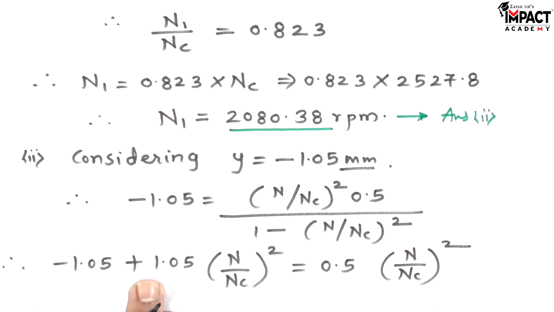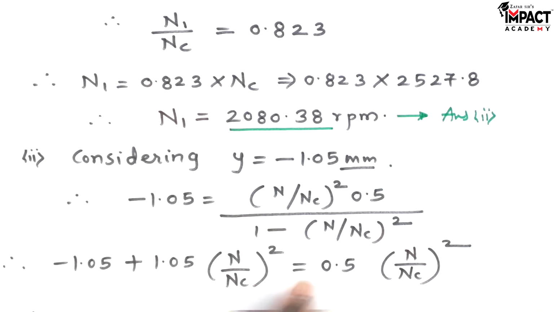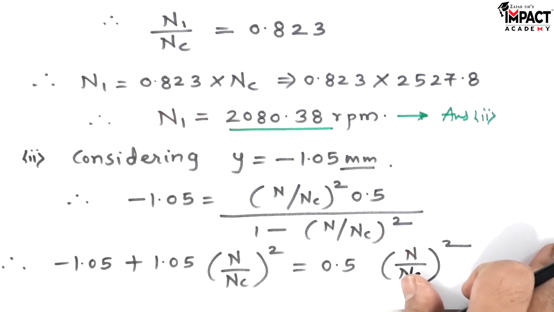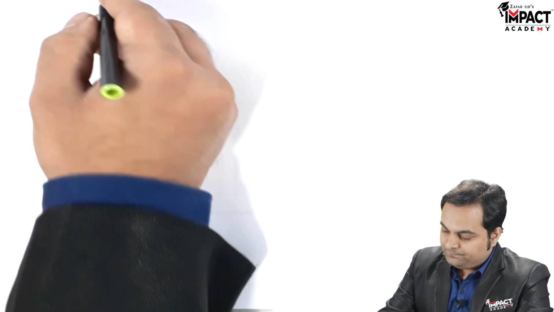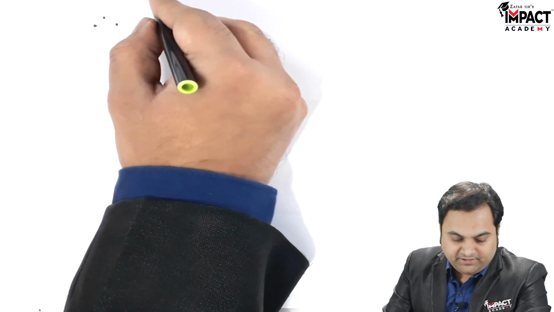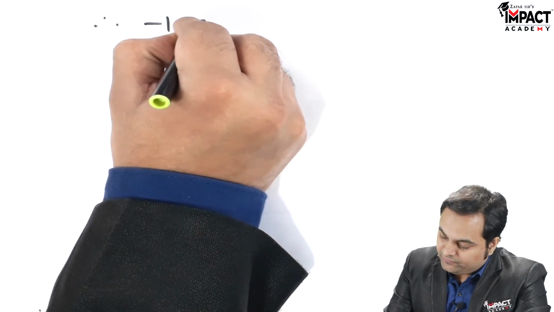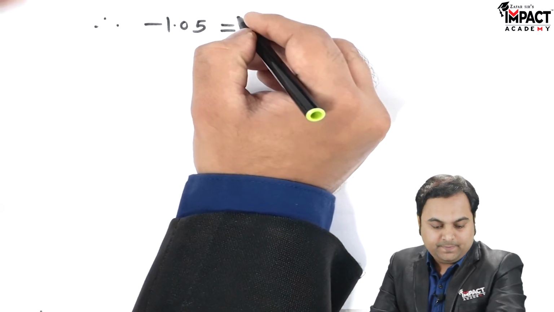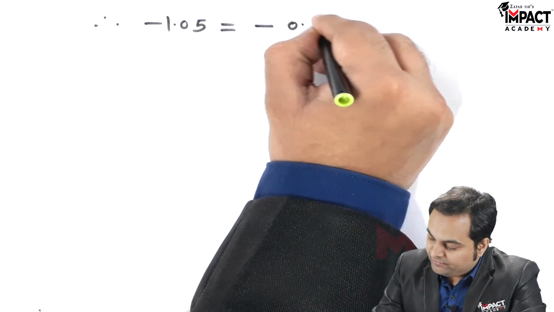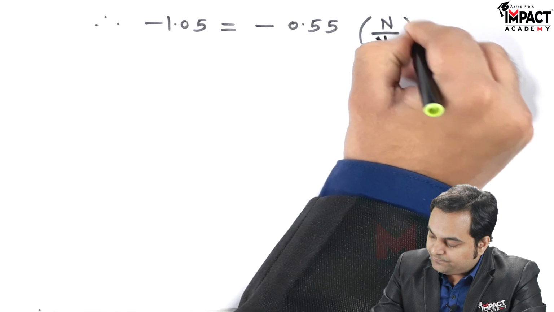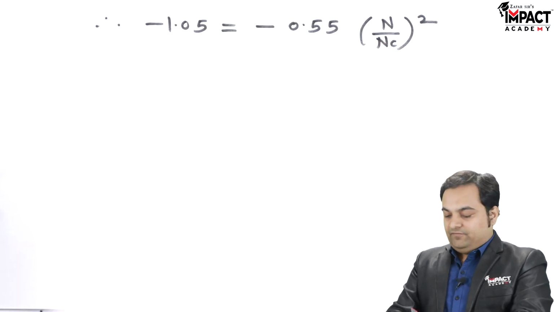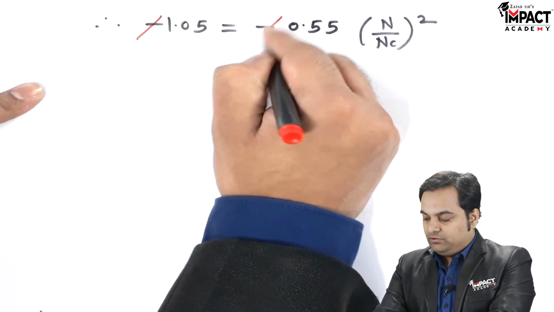Now this 1.05 term, when it goes to the other side, we have 0.5 minus 1.05, and that gives me, on one side minus 1.05, on the other side minus 0.55 (n upon nc) the whole square. The negative sign from both the sides will get cancelled out.